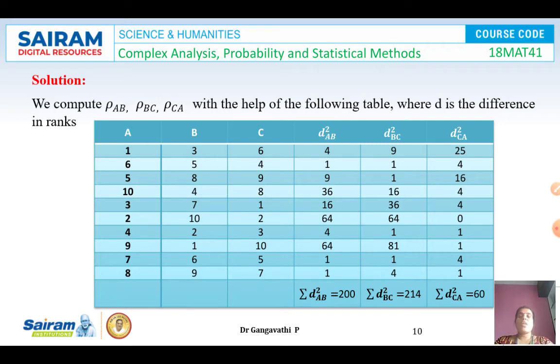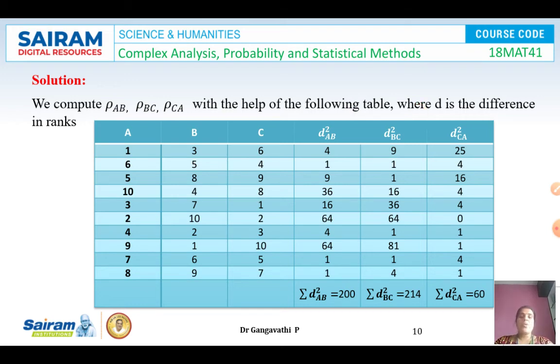Instead of just calculating one rank correlation, we are going to calculate the rank correlation between judges A and B, between judges B and C, and between judges C and A, which means rho AB, rho BC and rho CA, with the help of the following table, where D represents the difference.